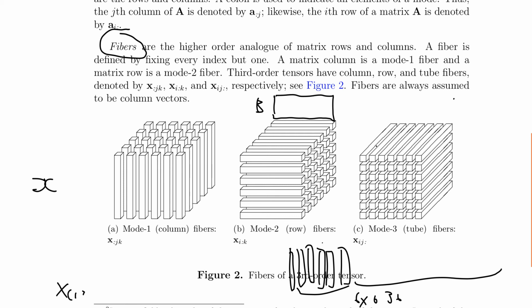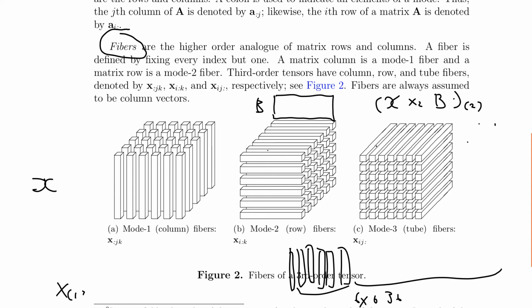And if I have a mode 2 multiplication of this X with this B, and I want to look at the mode 2 matricization of that, then each of these fibers gets multiplied by B, and then I stack them together.